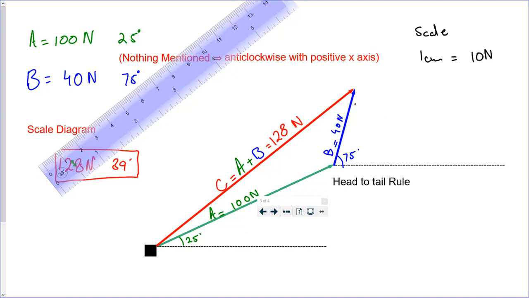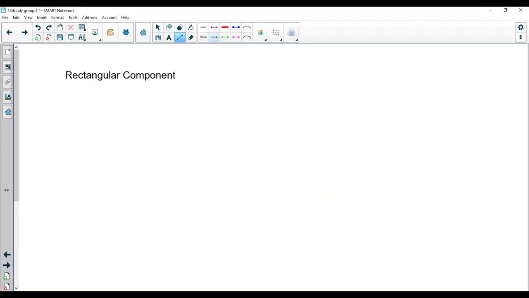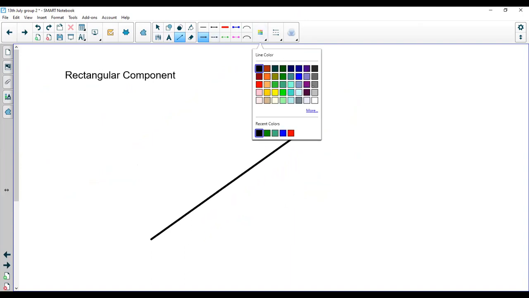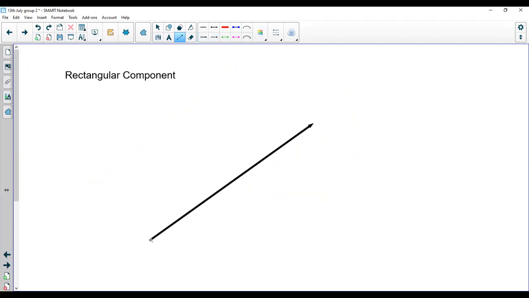Similarly, we can draw many other components for any given vector. Like these two gray, if you add them, you get the black resultant, right?